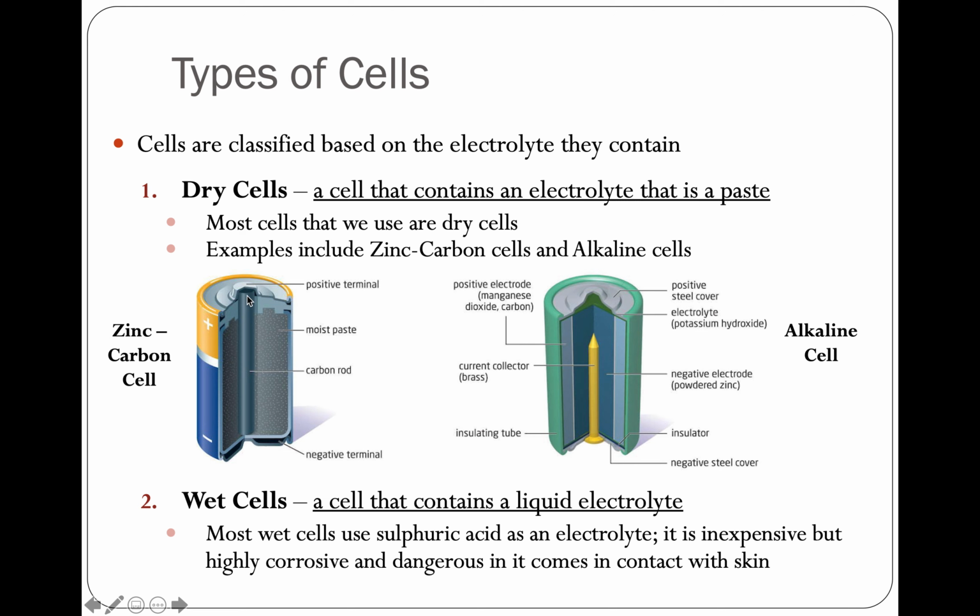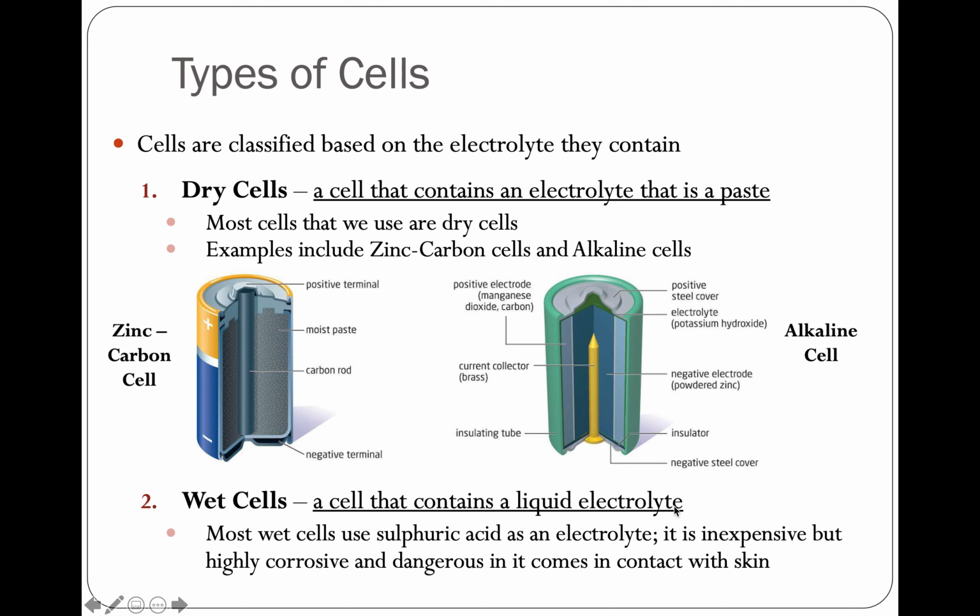This carbon rod functions, I guess, as both electrodes, whereas sometimes you need 2 different metals, but because of their design, they can be complicated. But we see that the paste is the electrolyte in these battery cases.